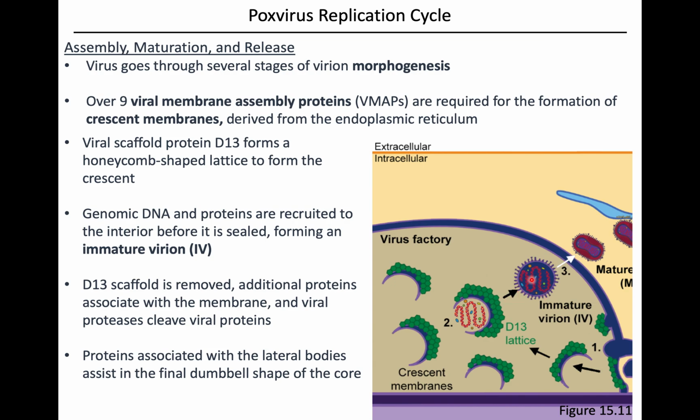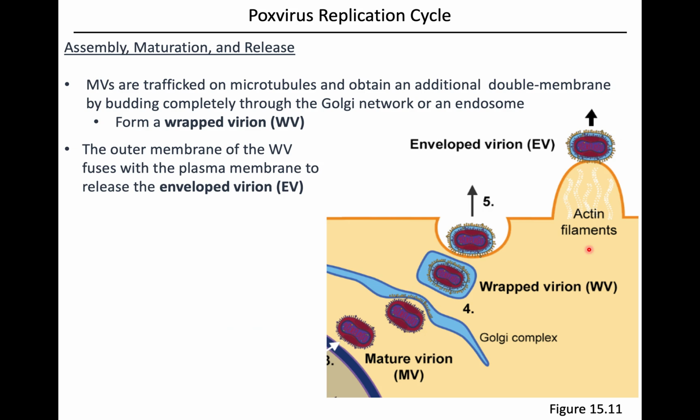But some of the proteins that are enclosed here are going to help with the formation of that dumbbell-shaped core that we already talked about. And at this point we're out in the cytoplasm. This is really the mature virion now, and those mature virions would be released when the cell ruptures, right? So we're basically filling the cell with virus to the point where it's going to burst and lyse.